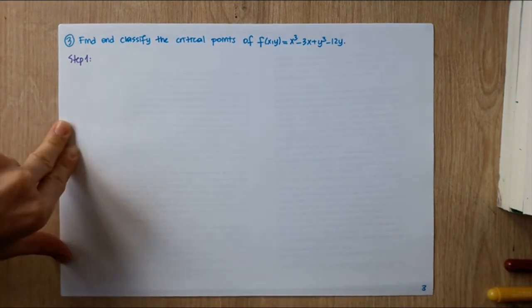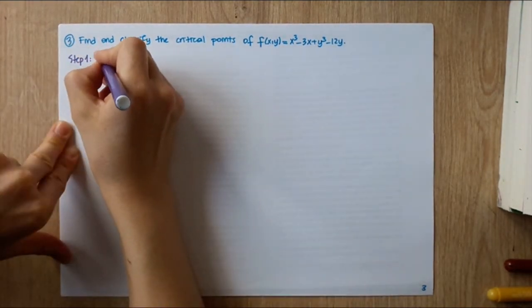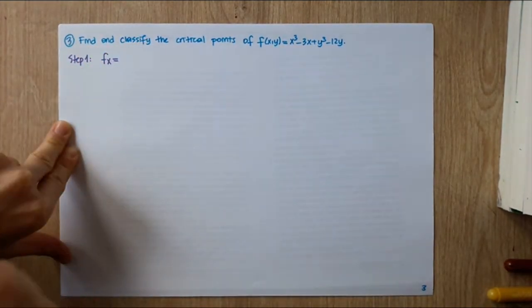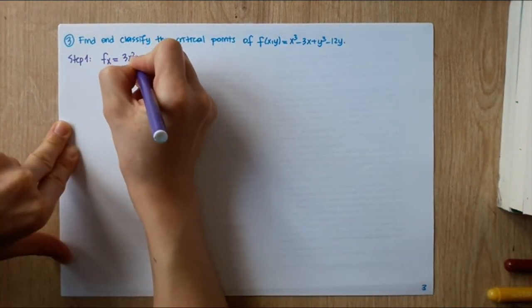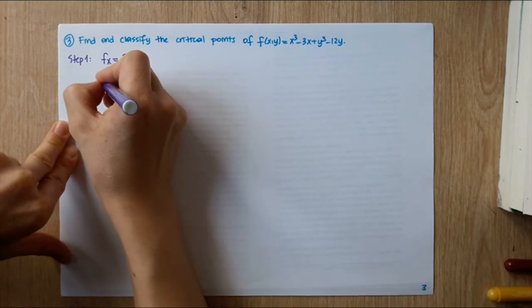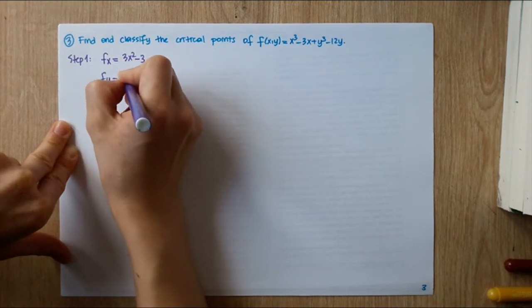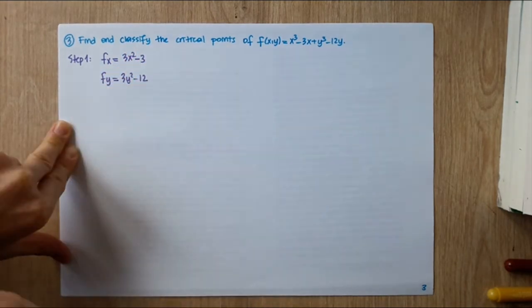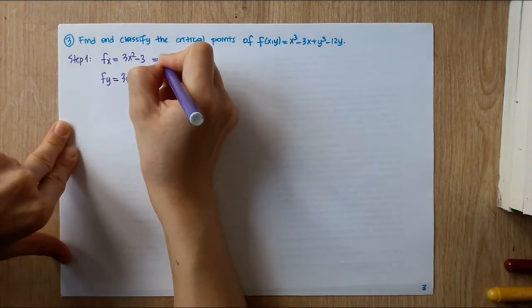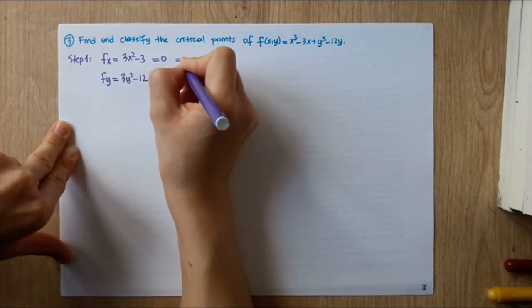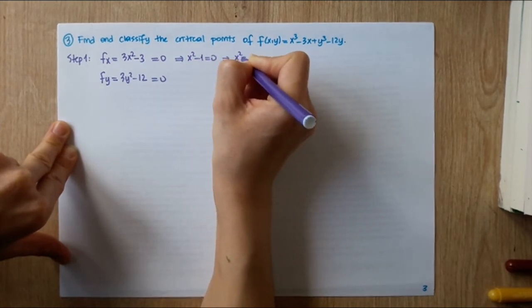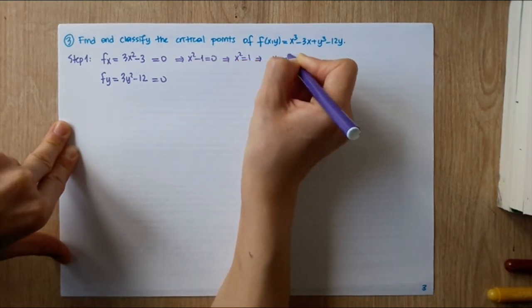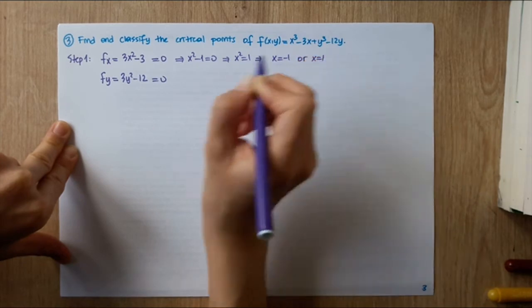To find the critical points, we need to calculate first the first partial derivatives, which are f sub x is 3x squared minus 3, and f sub y is 3y squared minus 12. If I equate these to 0, from the first one I have x squared minus 1 is 0. So x squared is 1, so x is minus 1 or x is 1.